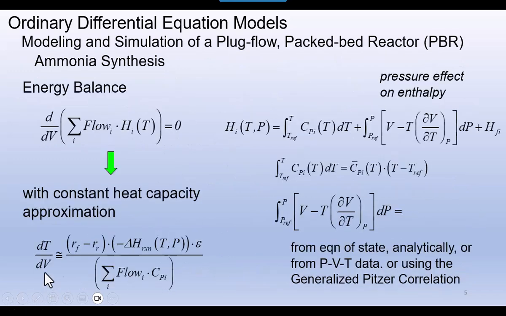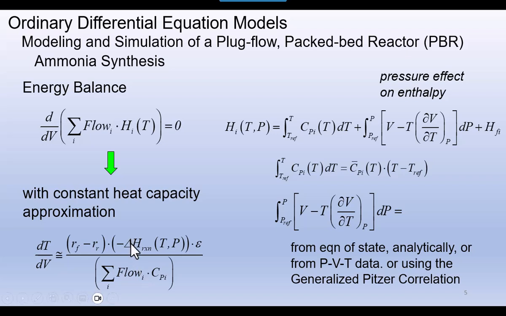Come up with, by assuming a constant heat capacity, you can come up with a differential of temperature with respect to volume, where because the heat capacity is constant, this summation term would be up here on the left side, and you can bring it into the denominator.